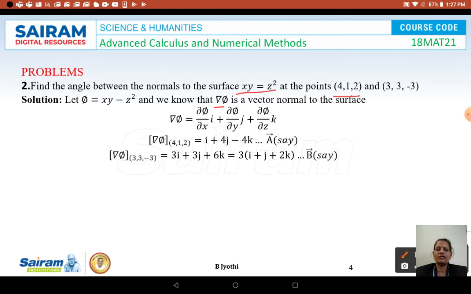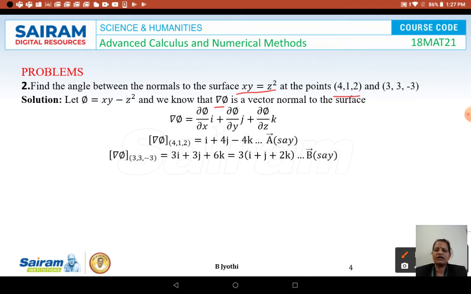So del phi is given by dou phi by dou x i plus dou phi by dou y j plus dou phi by dou z k, and at the first point (4, 1, 2) it is given by i plus 4j minus 4k.